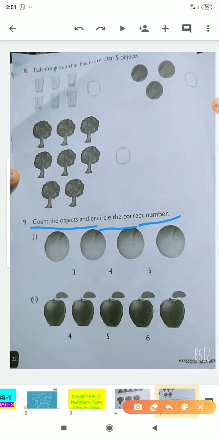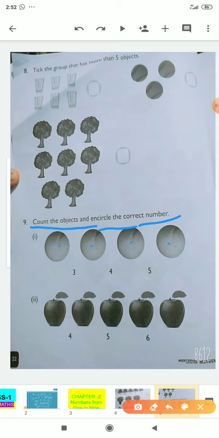Let's see. Let's start with the first question. Here we have balls. Let's count how many balls there are. 1, 2, 3, 4. So we have 4 balls here. So children, which number is the same as 4?